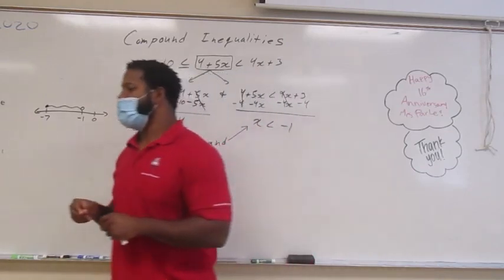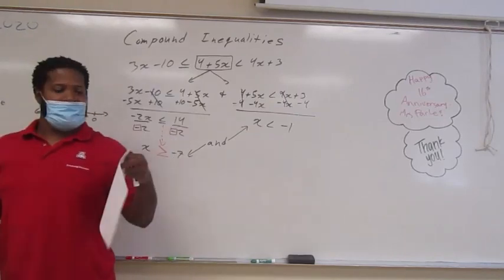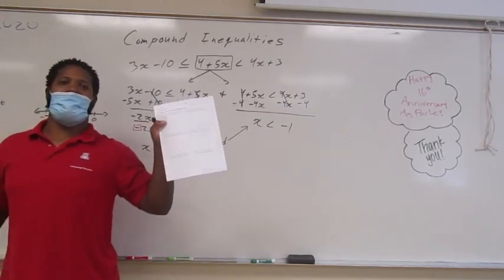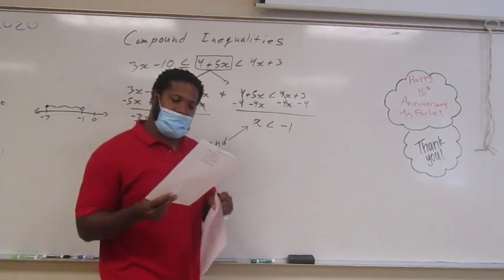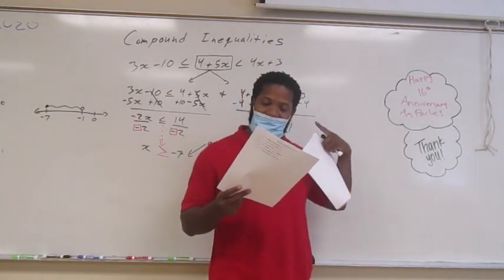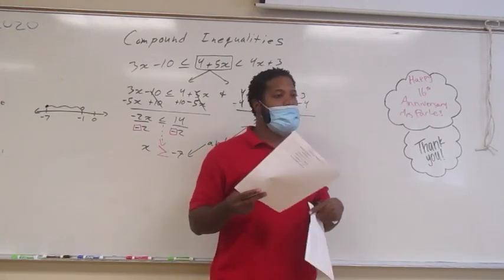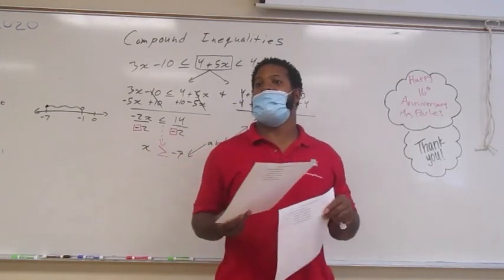Most likely I'm going to be putting both of these up there. This is the one that we all did together, and number 2 has an and like this one, and some ors and some regular ands, so you'll be able to practice more.